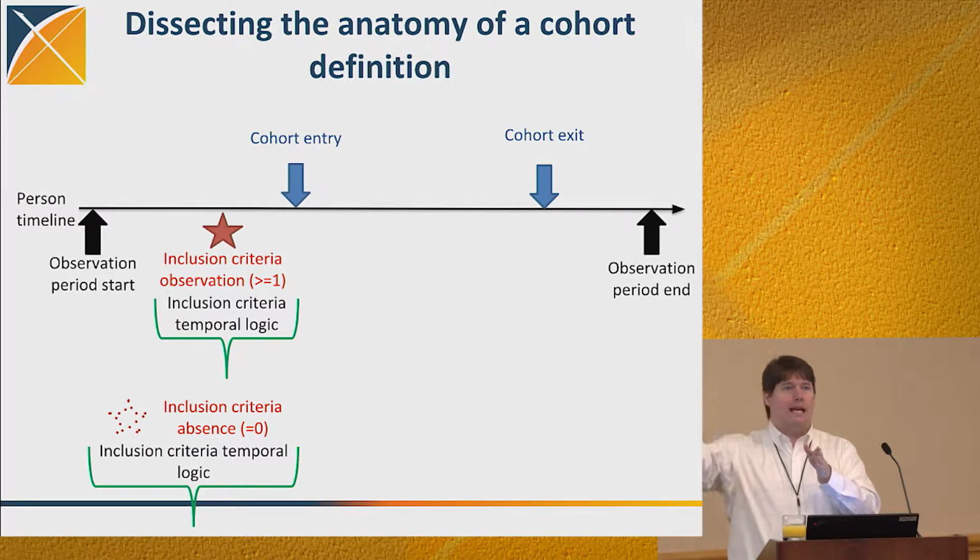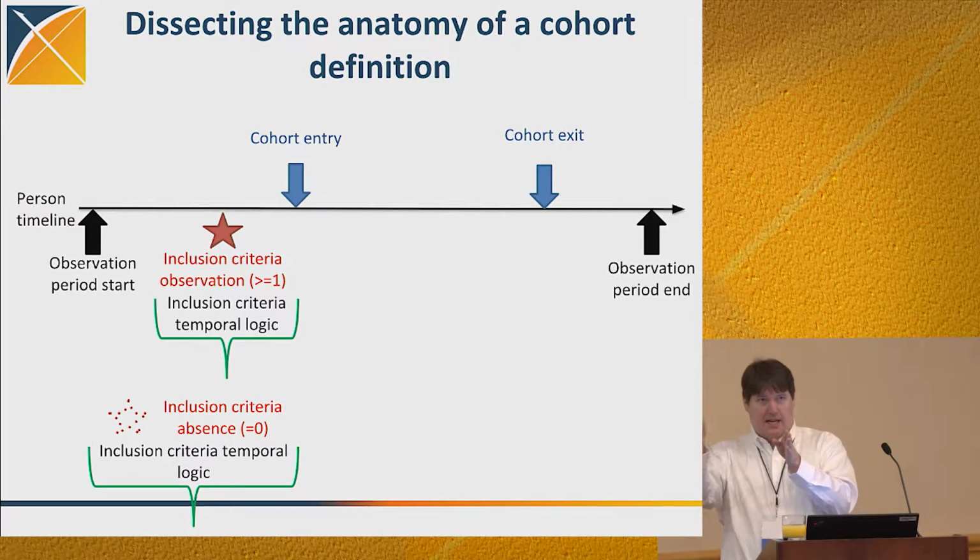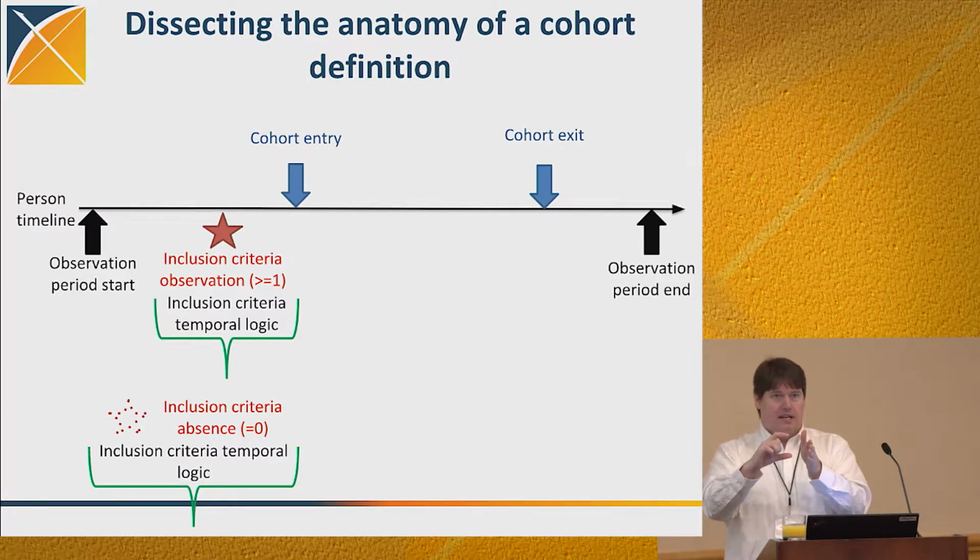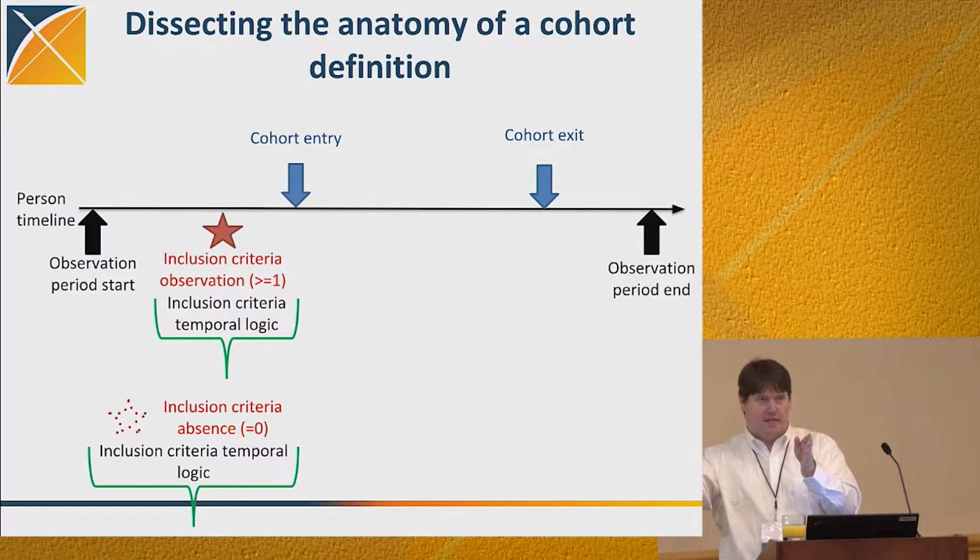It can be across any number of ingredients. Remember, drug era is single ingredient. But with this, you can give it the list of all the different drugs that could be used in chemotherapy or whatever to create those moments in time. Part of the setting is you can say how much time between those exposures you will allow to still be considered receiving treatment.